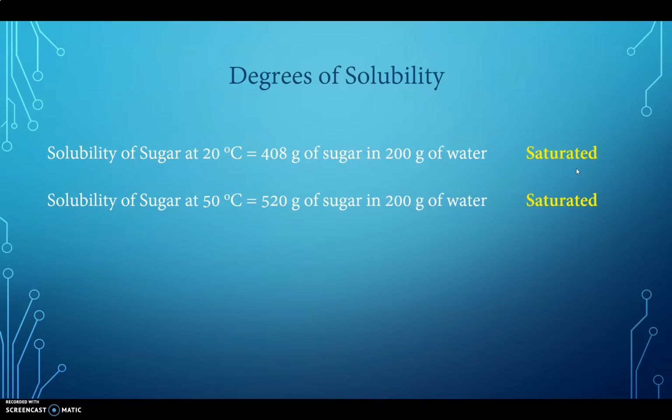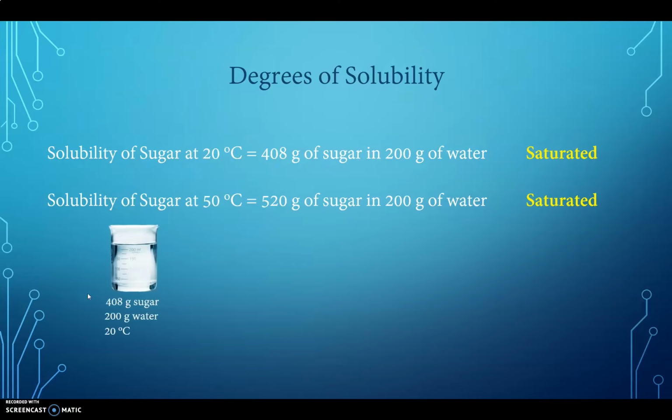A saturated solution simply means that the solution contains the maximum amount of solute possible. If I put 409 grams of sugar in 200 grams of water at 20 degrees Celsius, I could still only dissolve 408 grams. The other gram of sugar would simply sink to the bottom, and you'd see a little bit of sugar crystals on the bottom of your container.